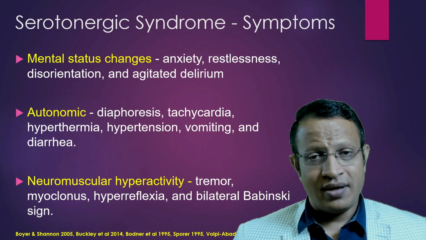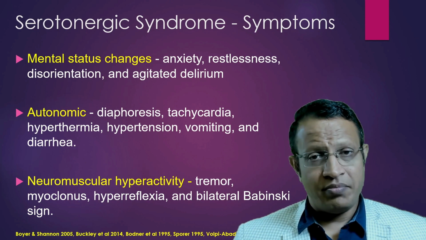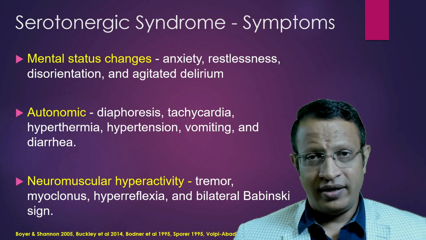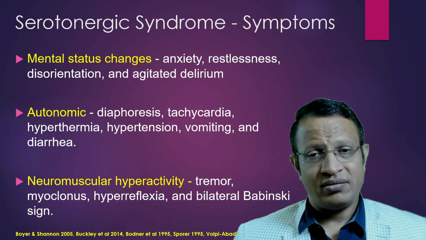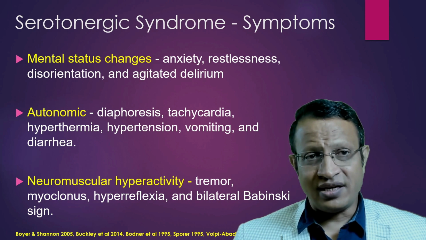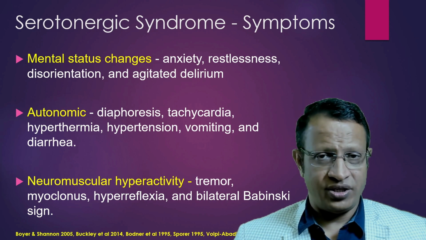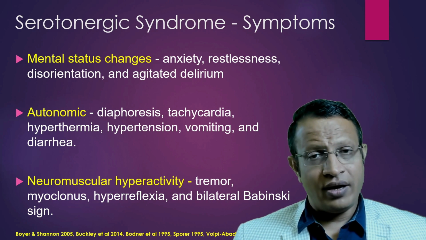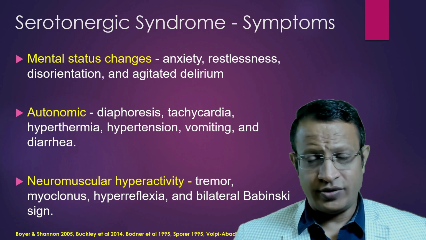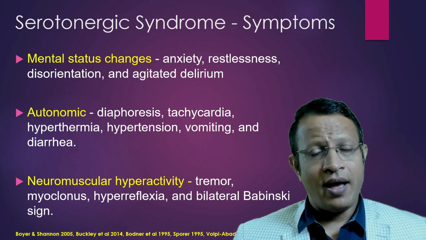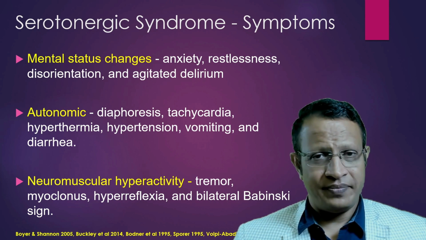The symptoms are characterized by 3 important domains. One is the mental status domain. Here, there will be altered consciousness, anxiety, restlessness, agitated delirium, and disorientation. In autonomic instability, you can see diaphoresis, that is sweating, tachycardia, hyperthermia, hypertension, vomiting, and diarrhea.